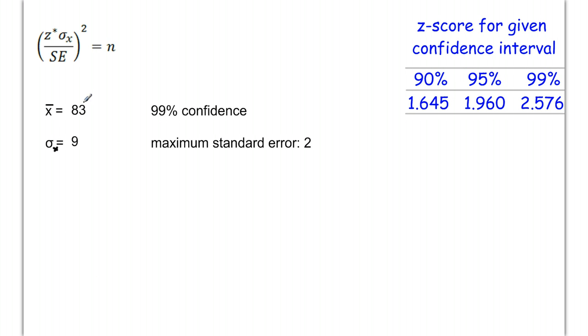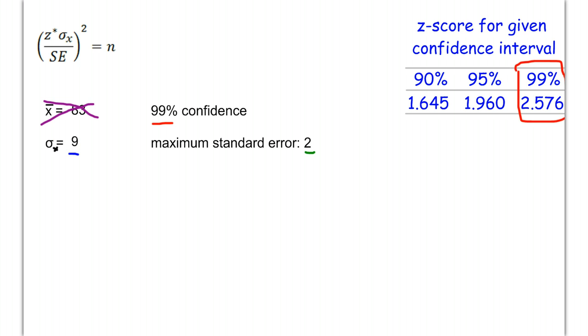One more quick example. Again, we're given x bar in this example, but typically we're not going to know that ahead of time anyway, and second of all, it doesn't show up anywhere in this equation, so it's not something we need to know. But it says we want to predict with 99% confidence, so we're going to use the z star 2.576. We have a maximum standard error of 2, SE is 2, and we have a standard deviation of 9.